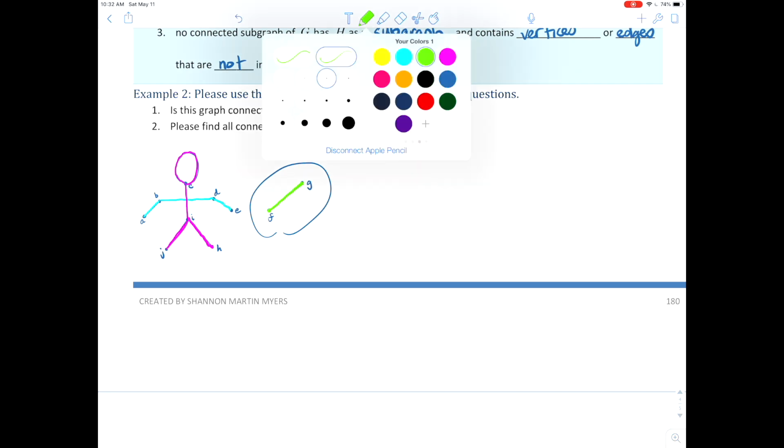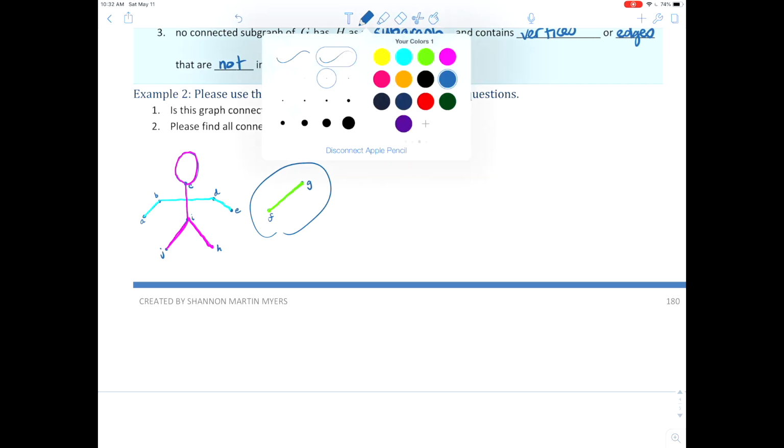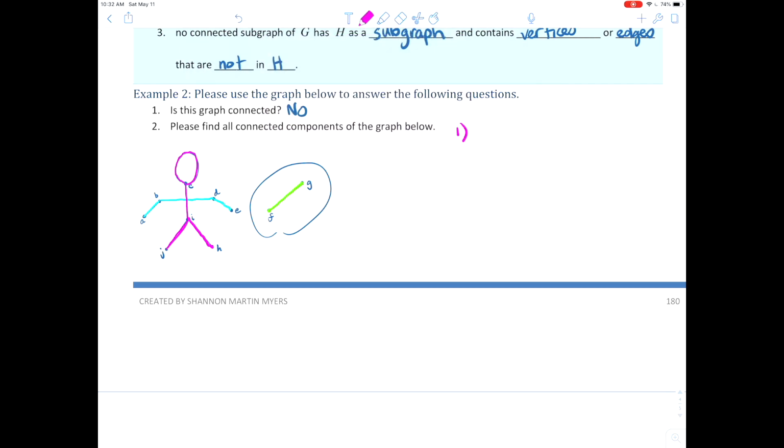So let's talk about the different connected components. The first one that we outlined in purple was C, I, H, and then there's some repeating of edges going on there, and J, to get them all covered.